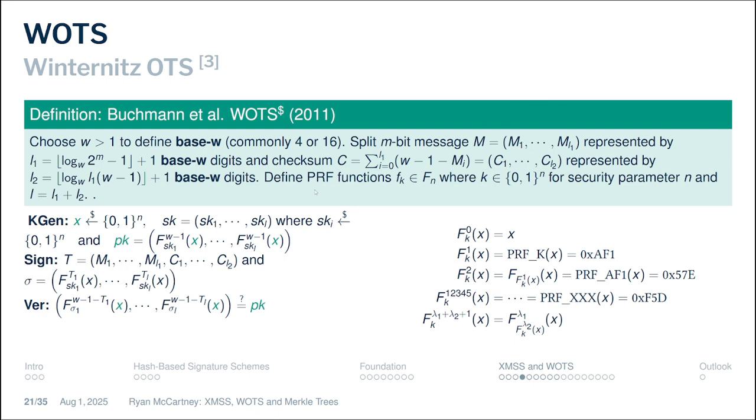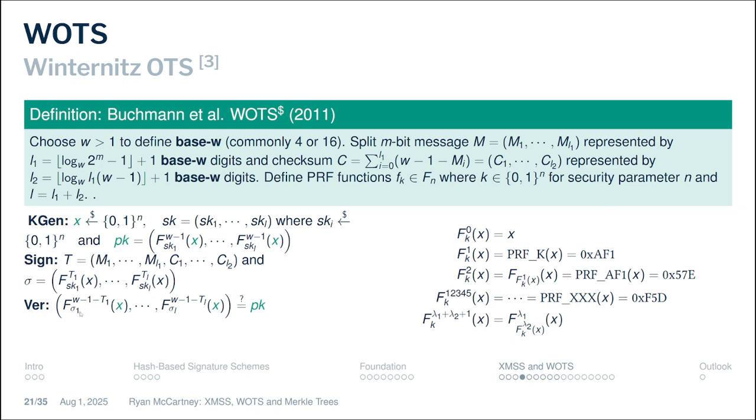Then we split our message into base w and calculate the checksum and split it into base w digits, which is t. Now we speak of l many, which is a combination of l1 and l2 many values.